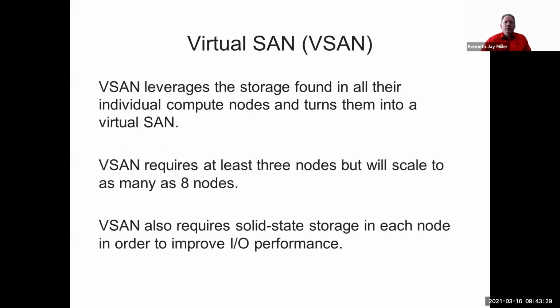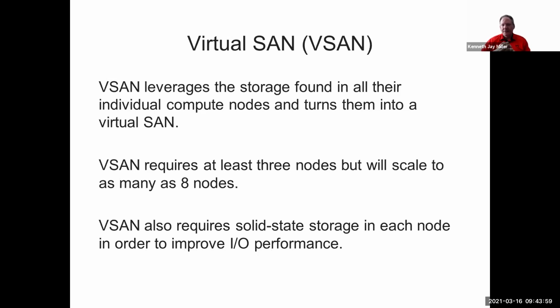All right, now we can also use our virtual environment with what's known as virtual SANs. A vSAN is where we can use the storage of our ESXi hosts and add all that storage together in a vSAN, or virtual SAN.